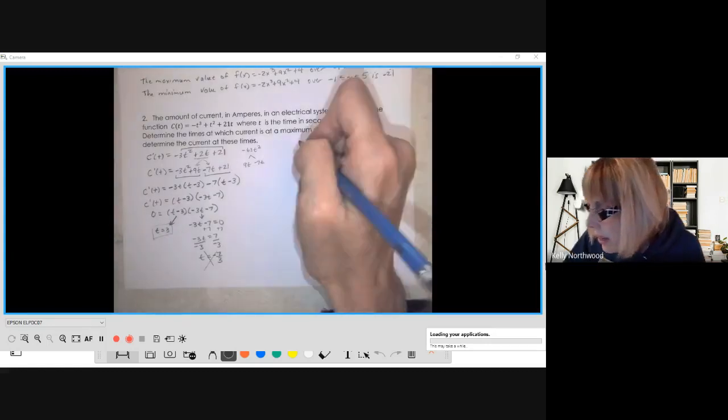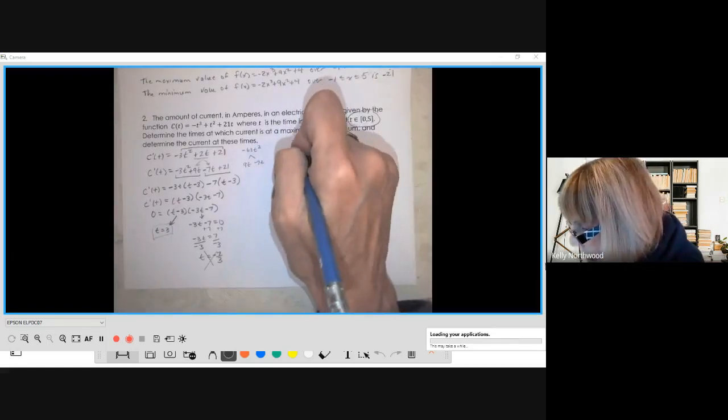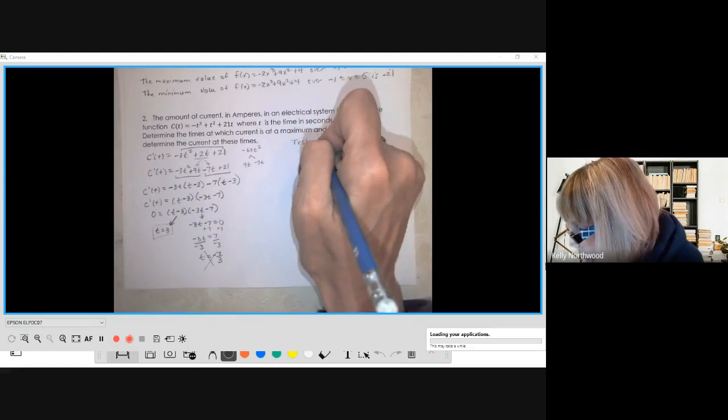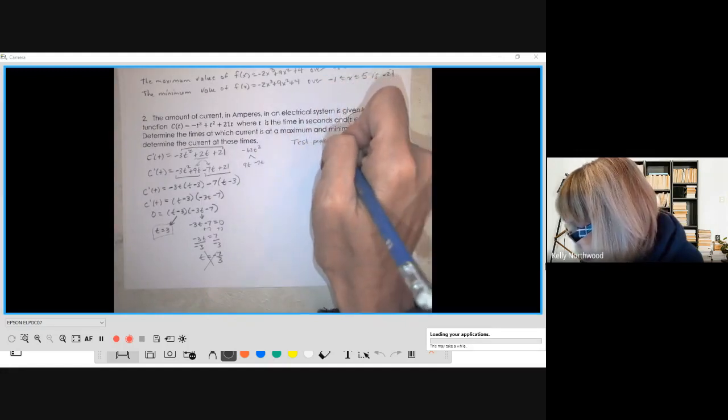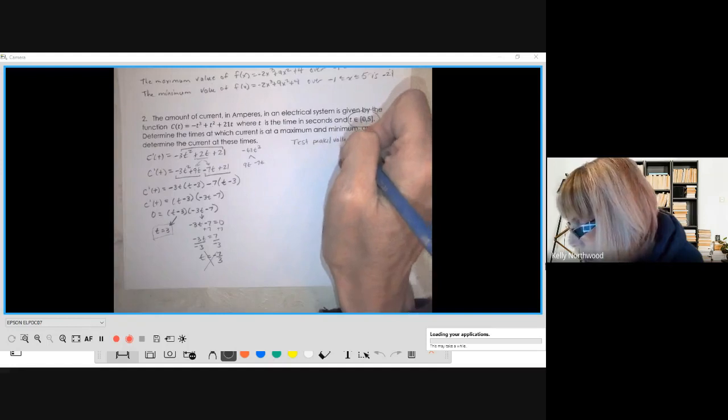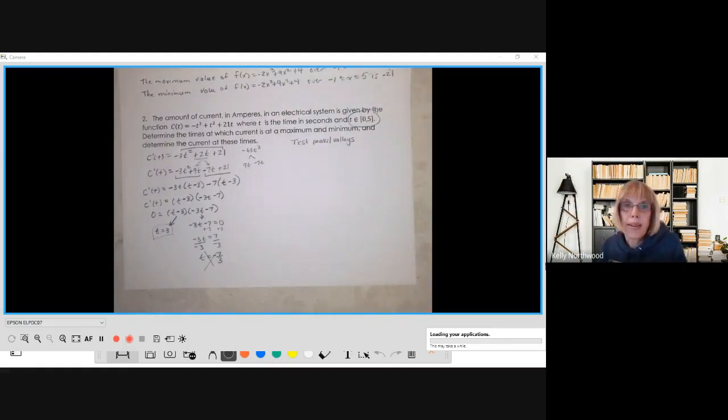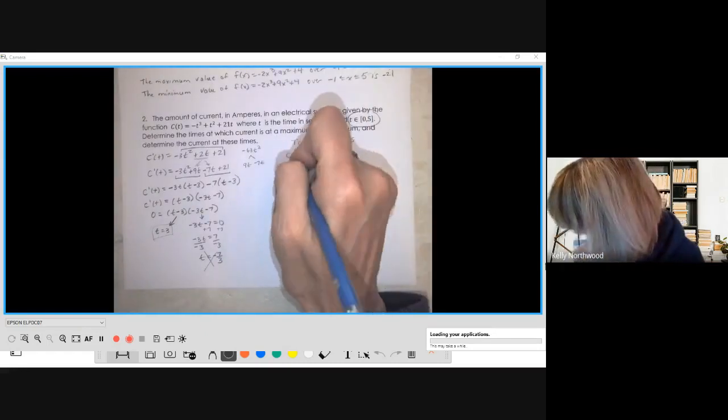So I'm going to come up here and test peaks or valleys, or local max mins, whatever you want to write there. And the only one we're going to test is 3, so we're going to find c at 3.